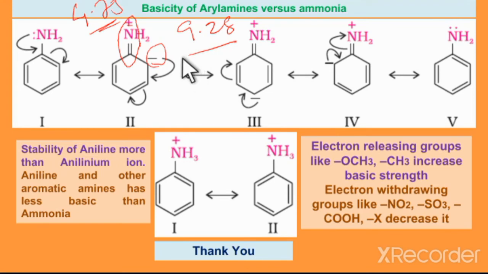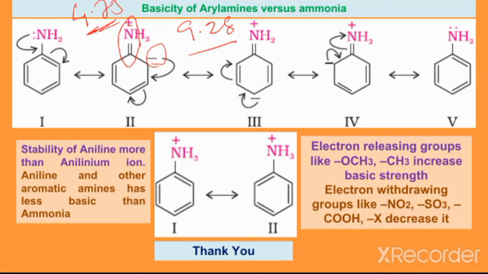Ammonia has more basic nature than aniline, because the nitrogen and carbon have a double bond character, and the lone pair of electrons moves towards the ring rather than being available for donation.